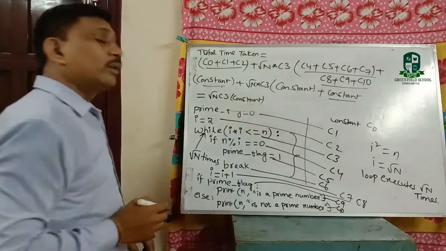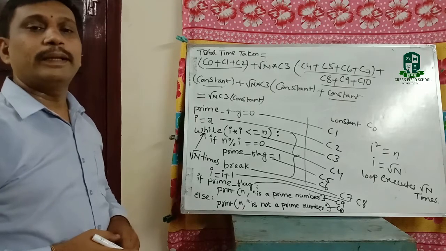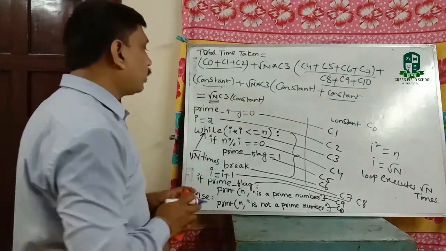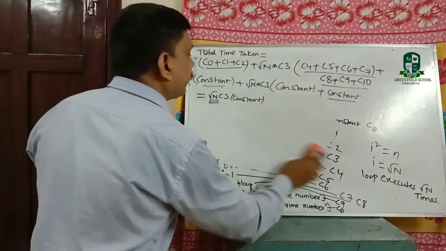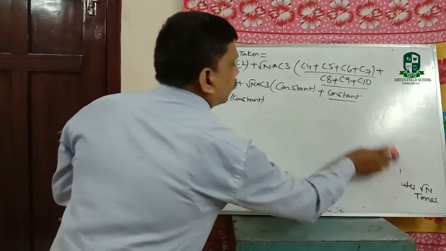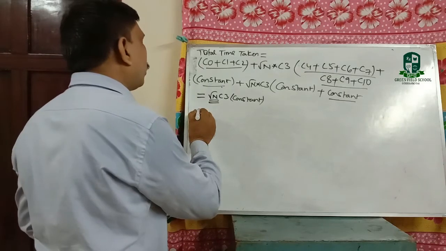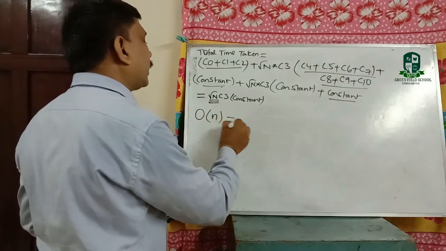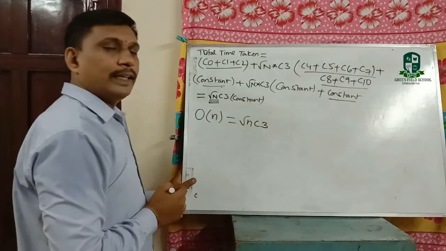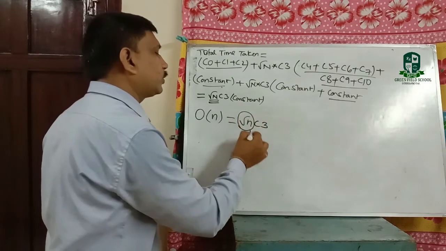The constants are negligible; we take only the dominant term. In big O notation we consider only the dominant term. So the order of n is equal to root n into C3 finally, and we calculate only the dominant term.